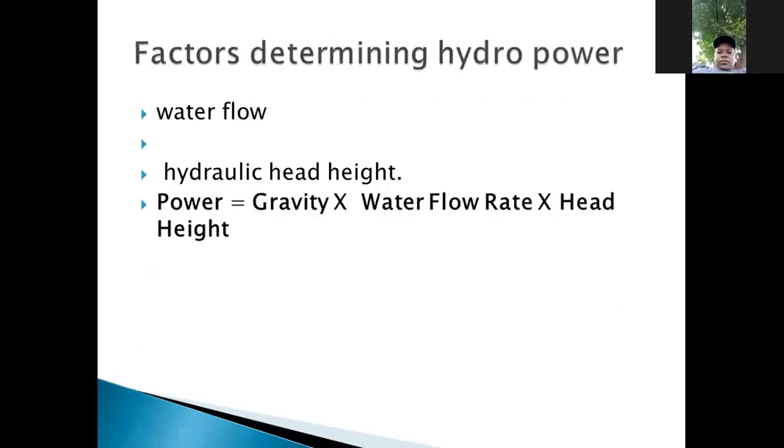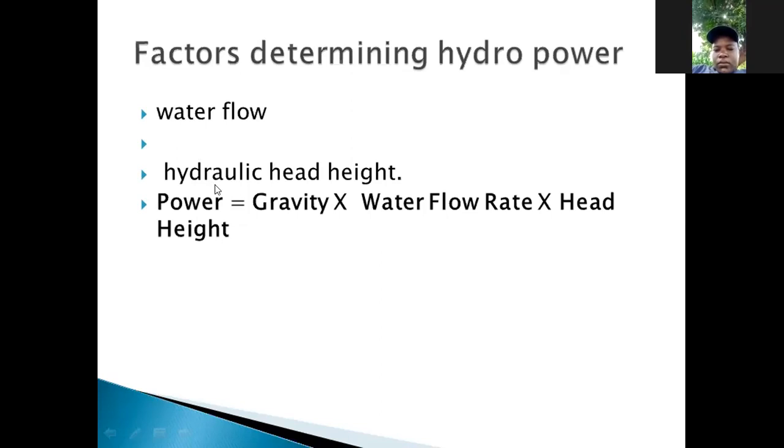So once you have those, then there are two main factors which determine the hydroelectric power. One of them is the water flow, what you call the flow rate. That means the amount of water which is able to flow to the turbines. And then you have what you call the hydraulic head height. This is the difference between where the water dam, the reservoir, is and where our turbines are located.